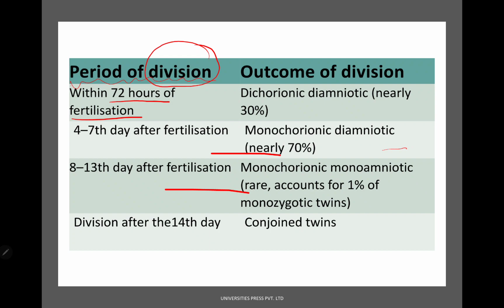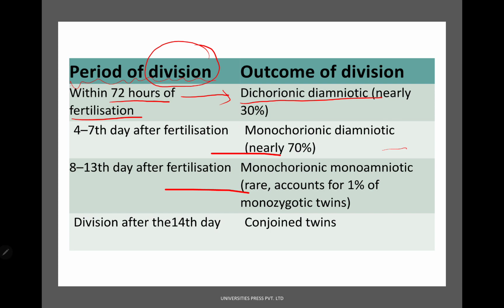If the zygote division is going to occur within 72 hours of fertilization, then the outcome of division is going to be dichorionic diamniotic.